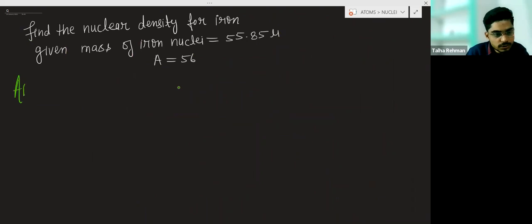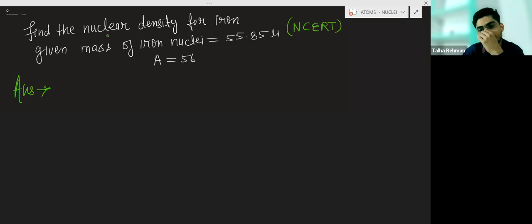Now we will solve this question. This is a question from NCERT, an example of NCERT. They are saying find the nuclear density for iron.